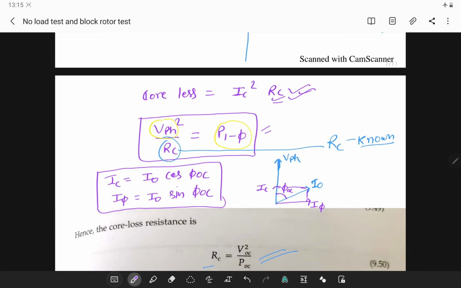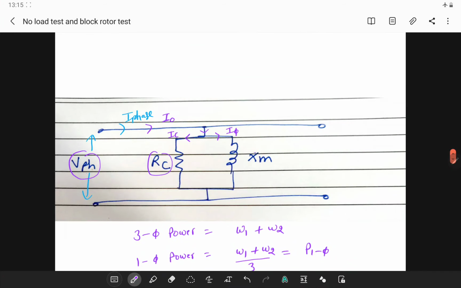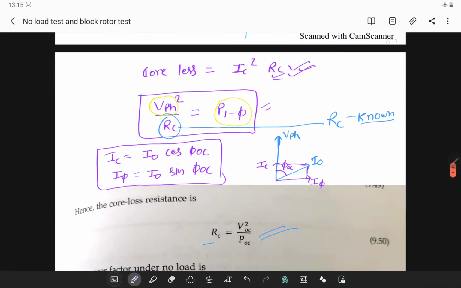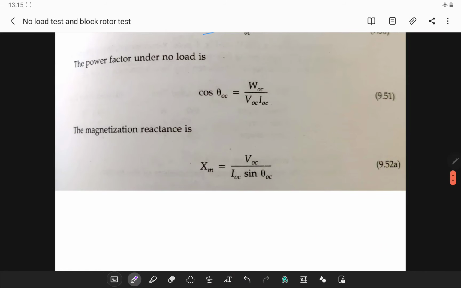But my target to find the value of phi OC was because I wanted to find the value of XM. So now can I say V phase by I phi will give you XM. So I will write it as, yes, this is written, XM is VOC upon I naught sin phi OC, or I can say V phase divided by I phi, because I phi has the value of I naught sin phi OC.